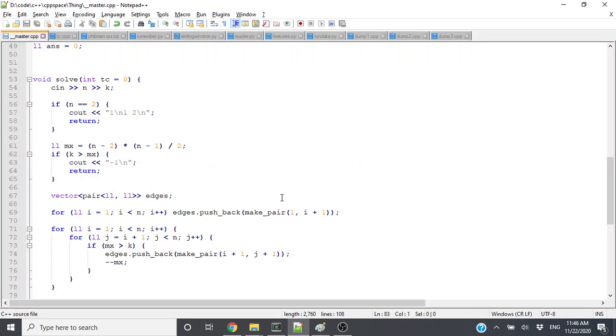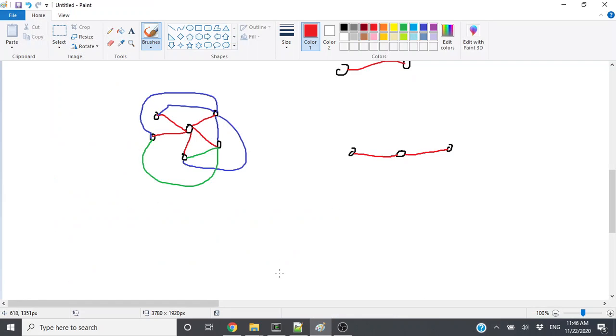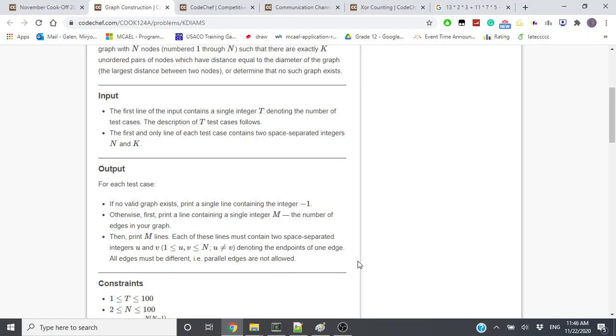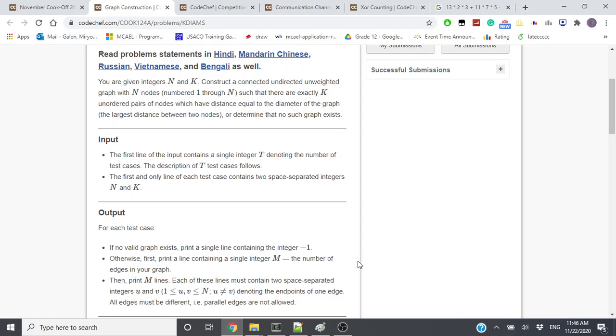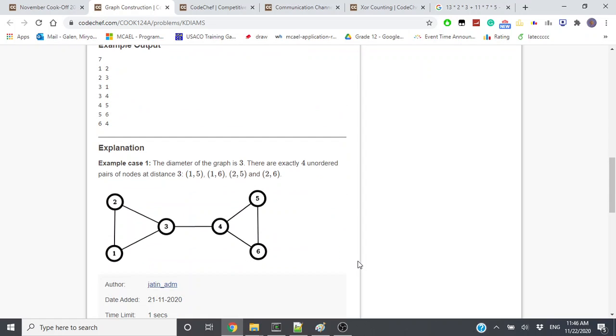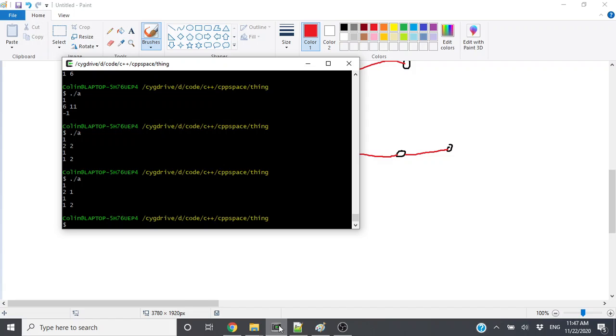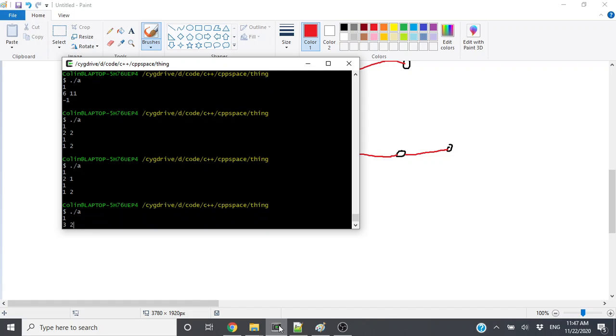And if we want 2 pairs, then it's not possible. If we have 2 pairs, then it's not possible, right? So we have something like 1, 3, 2.